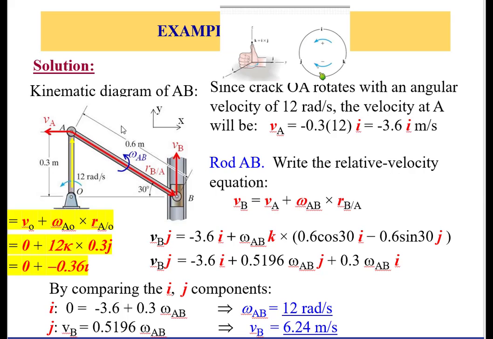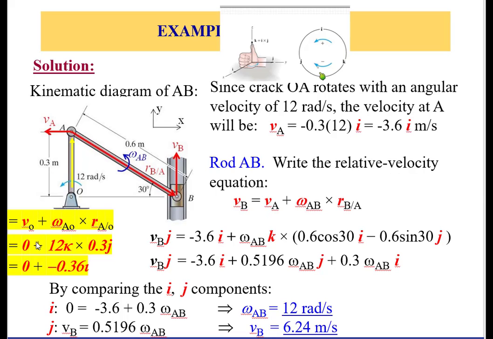So velocity of A can be analyzed again from link AO using the relative analysis. We can say that the velocity of A is equal to the velocity of O plus the angular velocity of AO cross rAO.